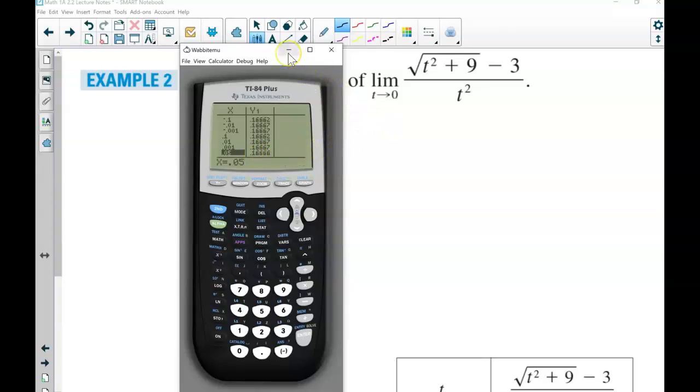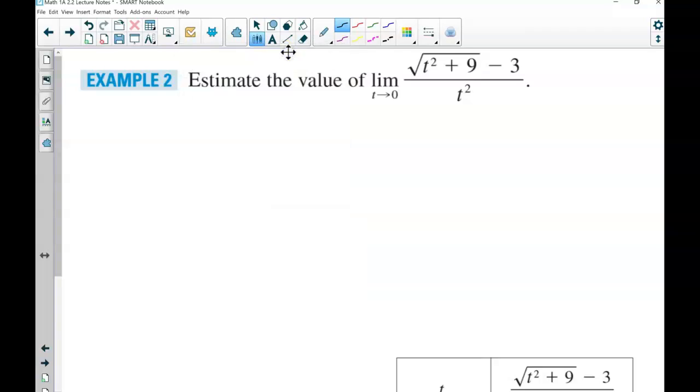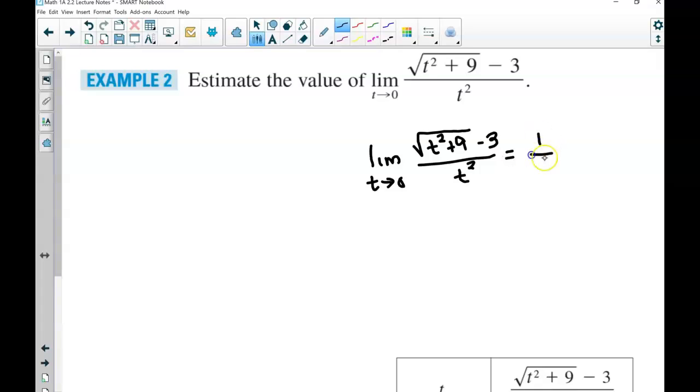So we can guess that the limit as t approaches 0 of the function, the square root of t squared plus 9 minus 3 over t squared, is going to be approaching 0.16666, which is the fraction 1 over 6. So that's where we're guessing.